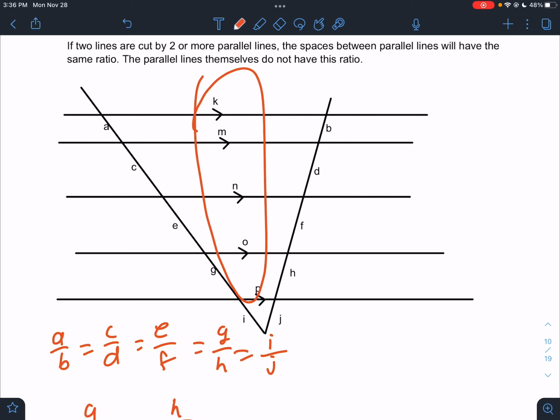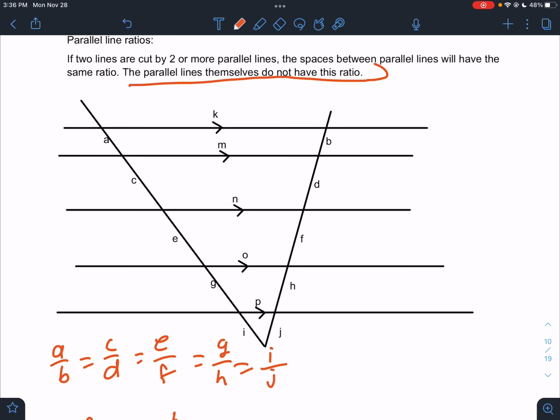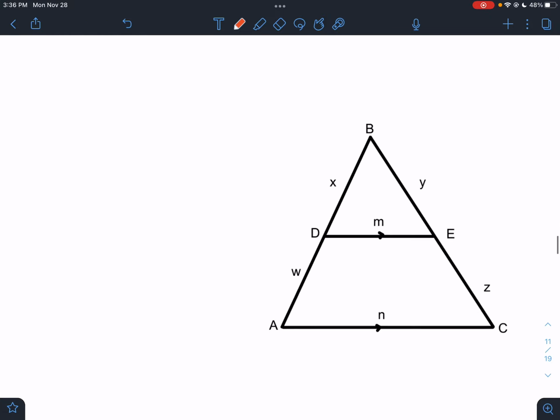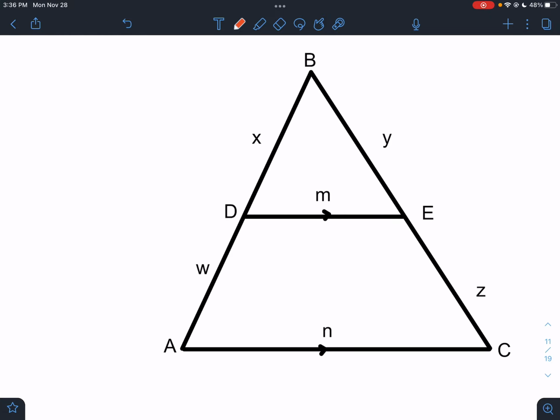So please don't do the same ratio with those parallel lines. The parallel lines themselves do not have this ratio. But the space between the parallel lines do. You will have a version of this picture more than any other. It's the most common one we're going to work with.